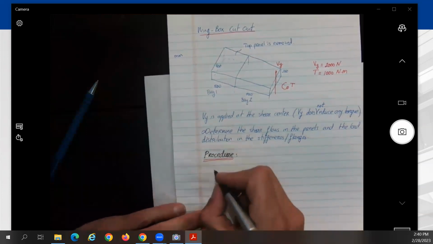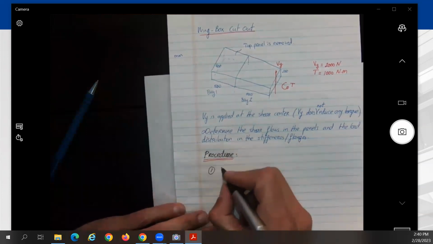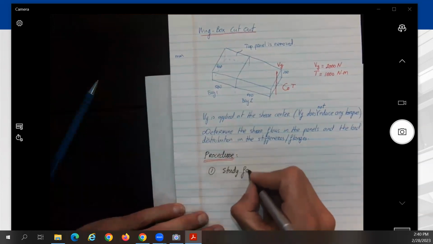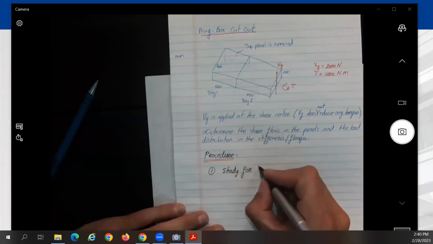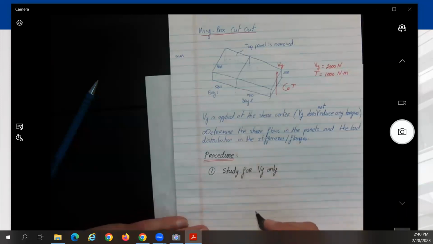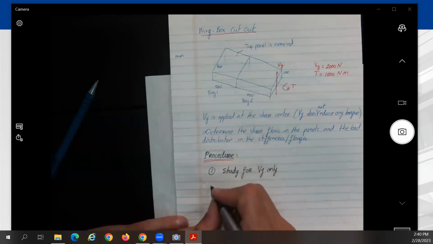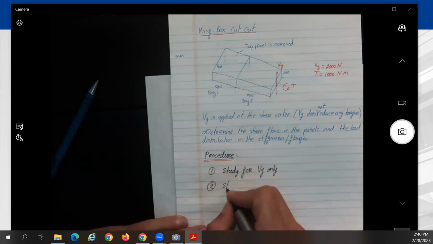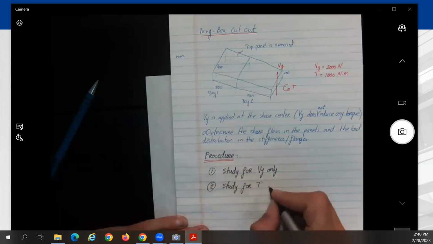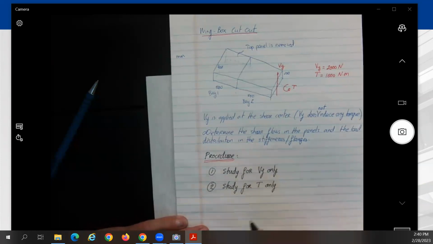So one, study for Vy only. You find the shears due to the Vy only. Then two, similar, but study for T only.